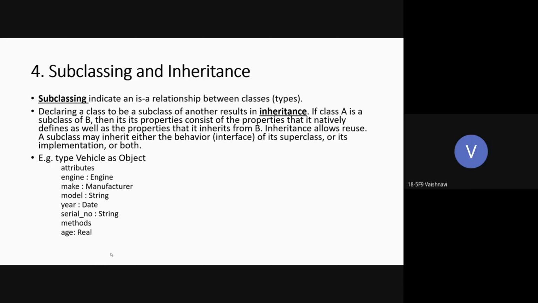Each and every vehicle has these common properties. So it is like that. And vehicle is defined as a subclass of object. Type vehicle as object. Here as indicates that vehicle is inheriting the properties of this object. I mean, this is passing on its traits to this vehicle. We have these general properties.